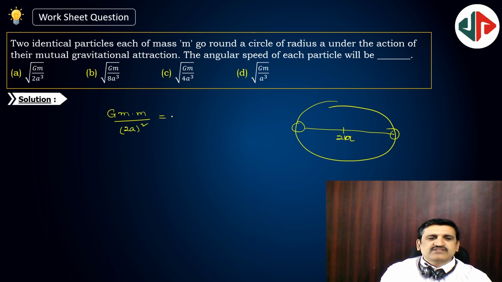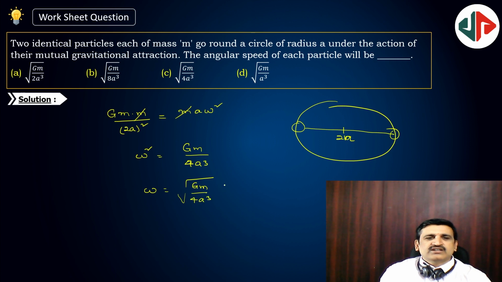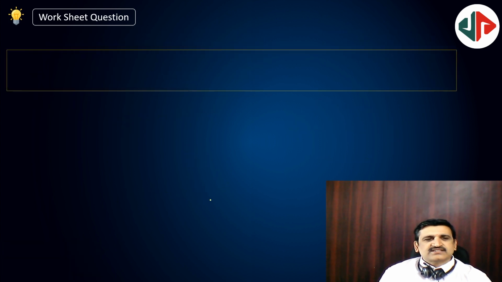Gravitational force is equal to centripetal force, and since he is asking angular speed, we use M r omega square. So M M gets cancelled and omega square is equal to GM by 4a cube. So omega is equal to square root of GM by 4a cube.